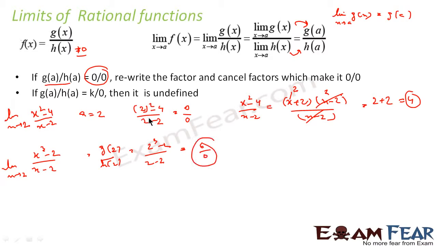This is k by 0 form, and that means the limit of this function at x equal to 2 is undefined. What we have done here is just put the value of g(2) by h(2) and found the value came out to be 6 by 0, that is of form k by 0. We can say that the limit of this function at x equal to 2 is undefined.